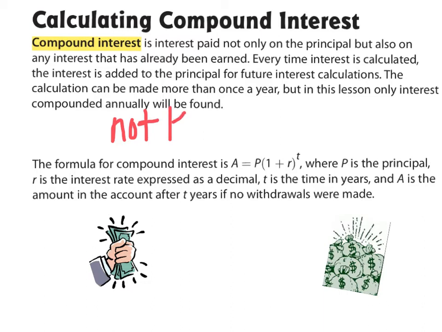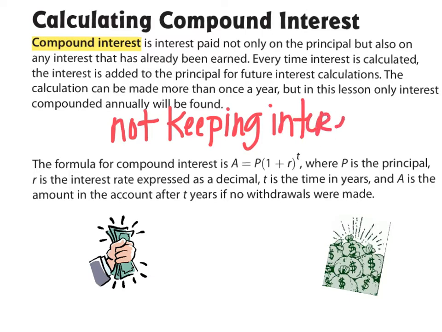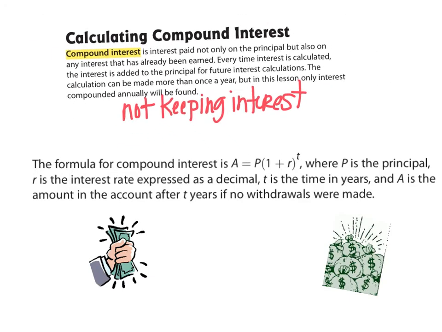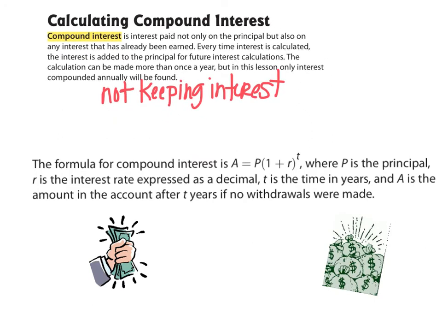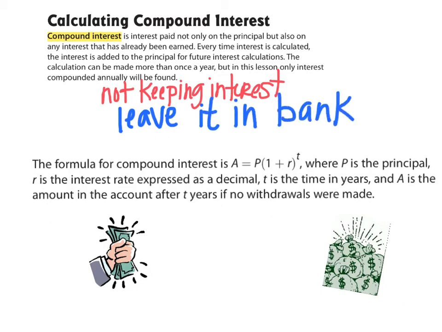Not keeping the interest for yourself. You are going to leave it in the bank account. And it's going to increase your money every year because it's going to be left in there.